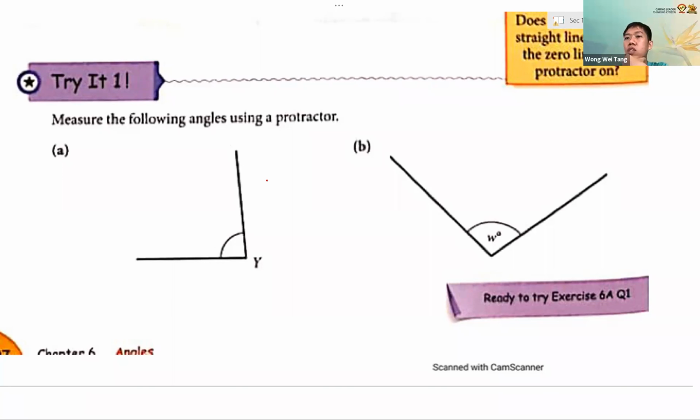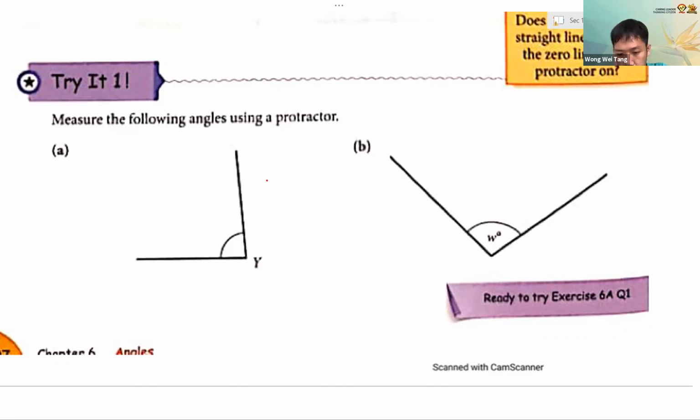So how is it, Yan Rui? Don't be afraid of giving the wrong answer. I need a response from you. So what do you think the angle shown in question 1A is? 80 something. 80 something, huh?